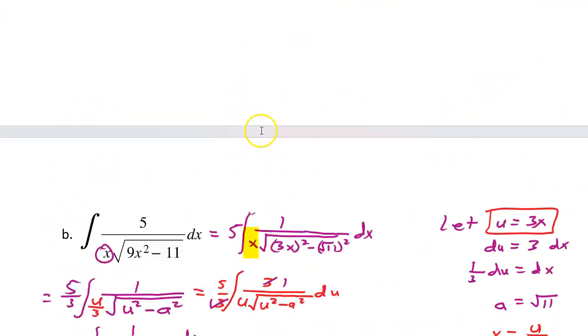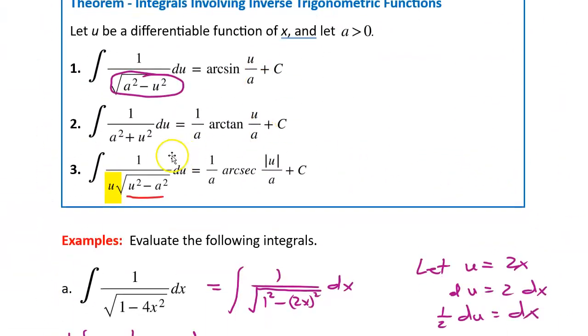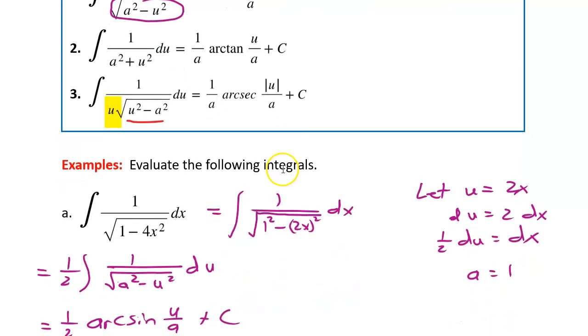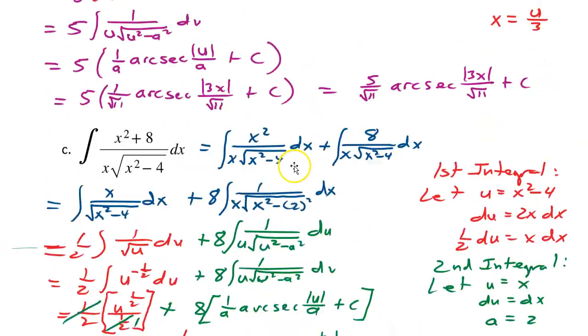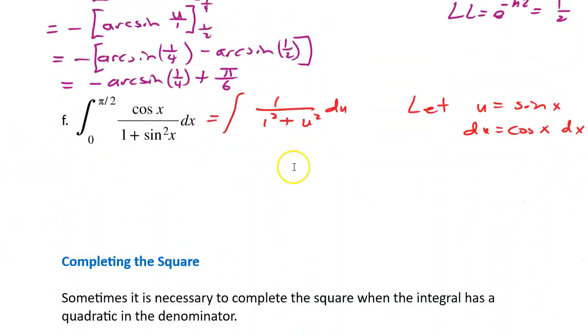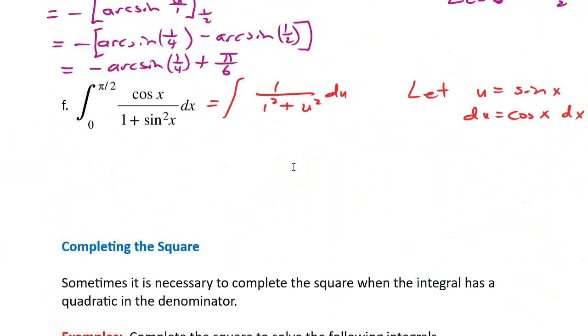Let's go back up and look at the formula. The middle one, you got a squared plus u squared. Okay, so here we have a squared plus u squared. So a is equal to 1. All right. And then I'm going to go ahead and change my limits.